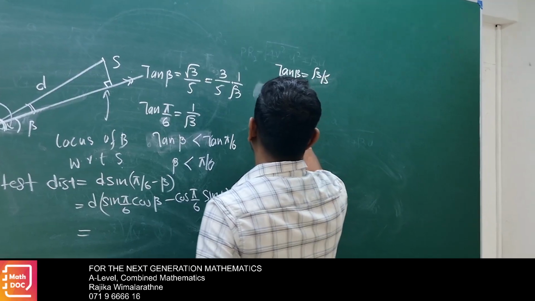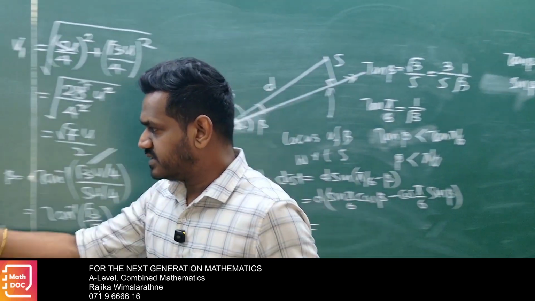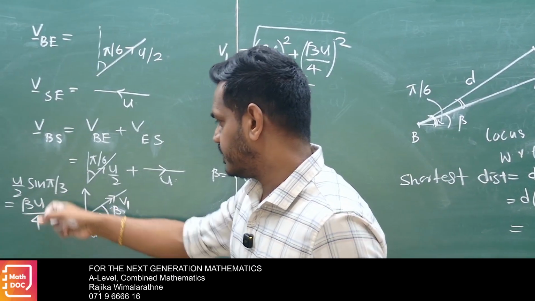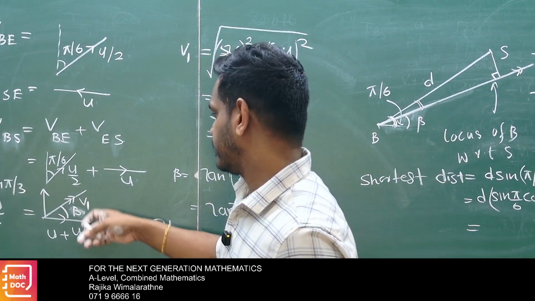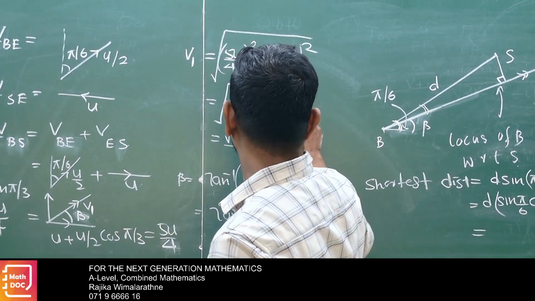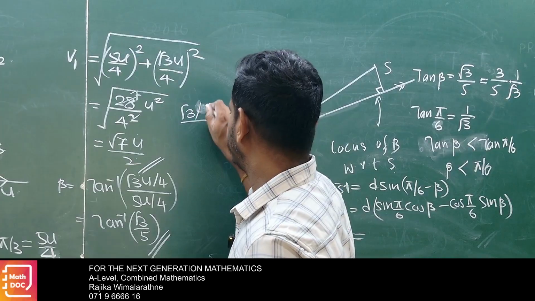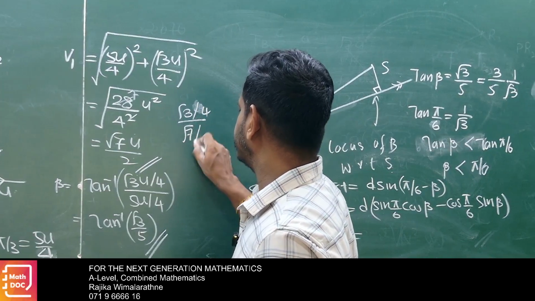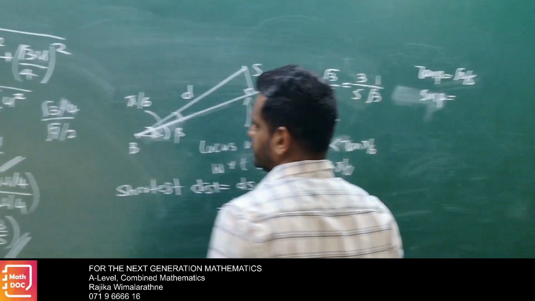Okay. Sine beta value is root 3 over 4 divided by root 7 over 2, so root 3 over 2 root 7.